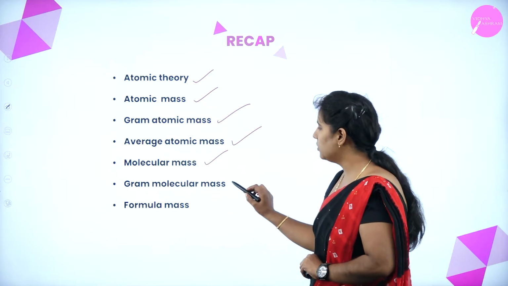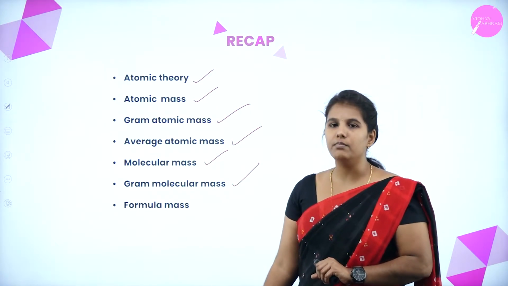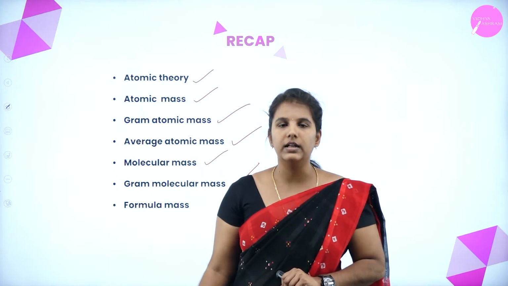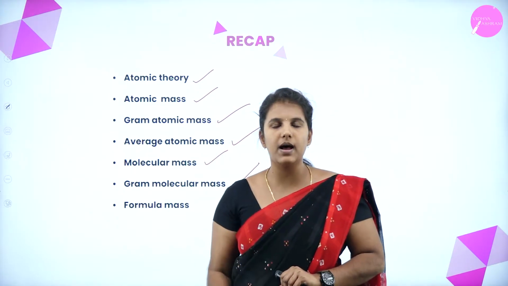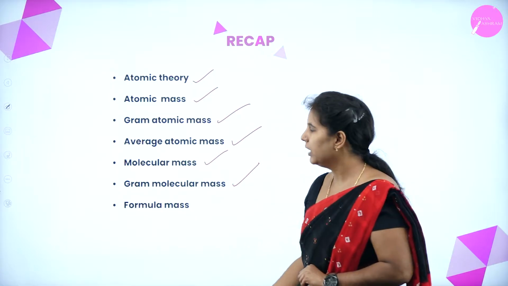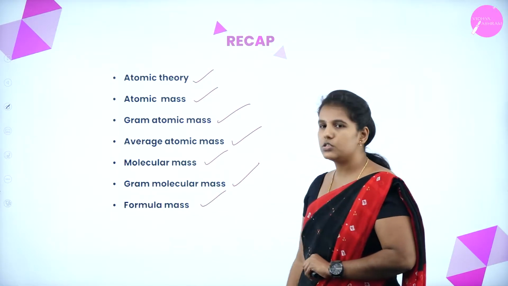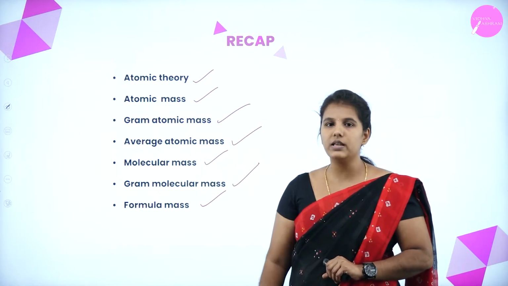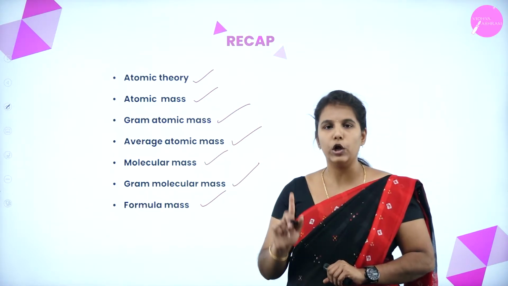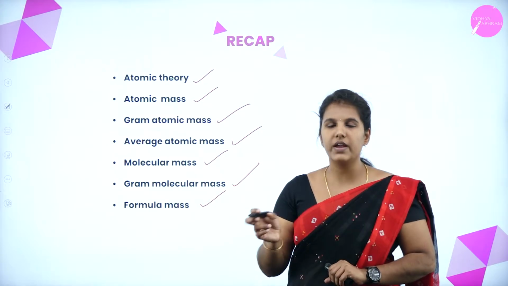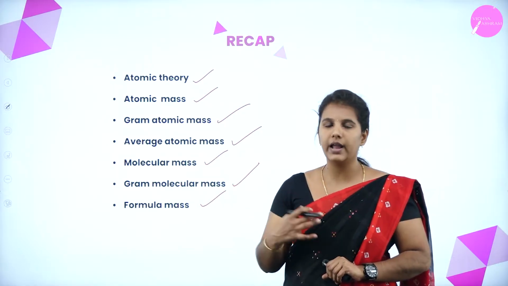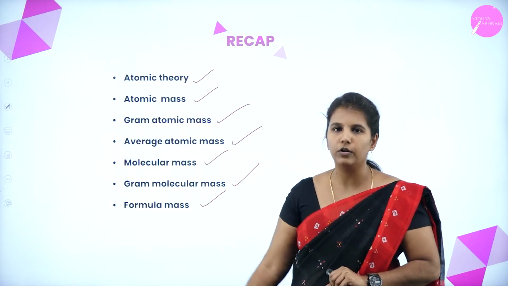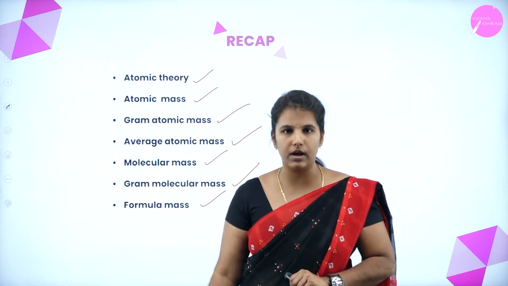We also dealt with the gram molecular mass, where we write the molecular mass in terms of grams. In addition, we learned about formula mass, which applies only to ionic compounds. We just add the mass of the cations and the mass of the anions found in the ionic compound, and that gives the formula mass.